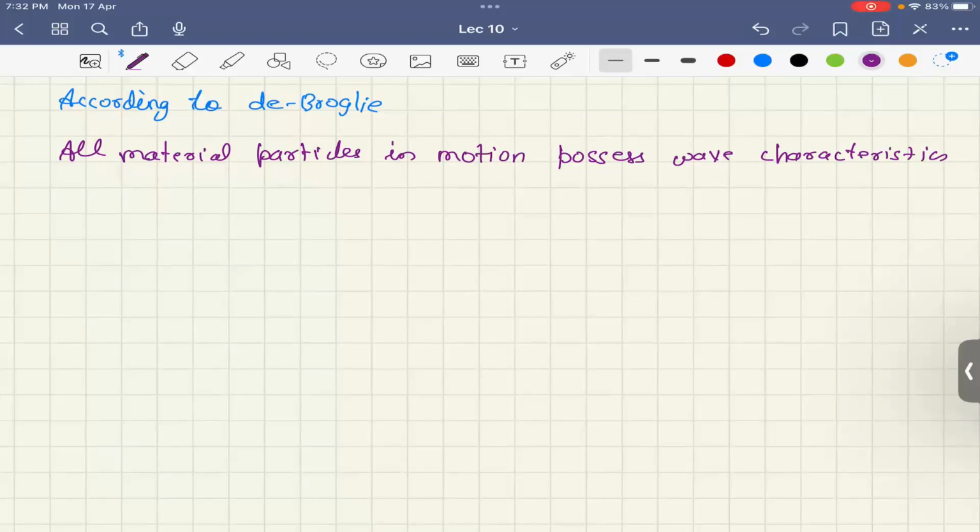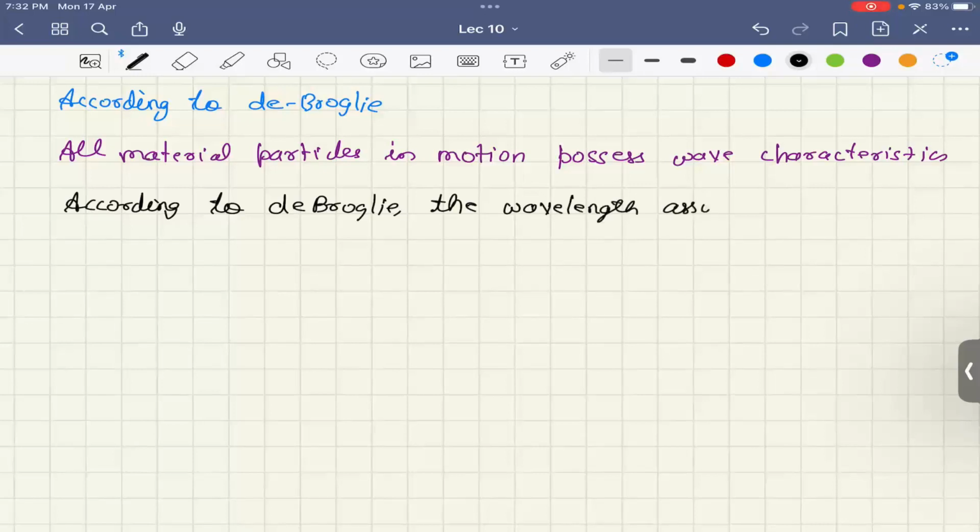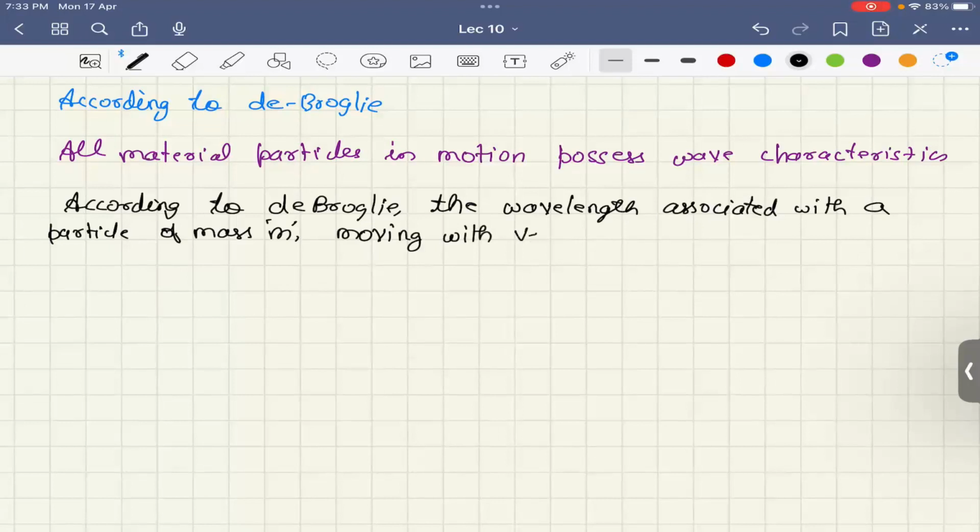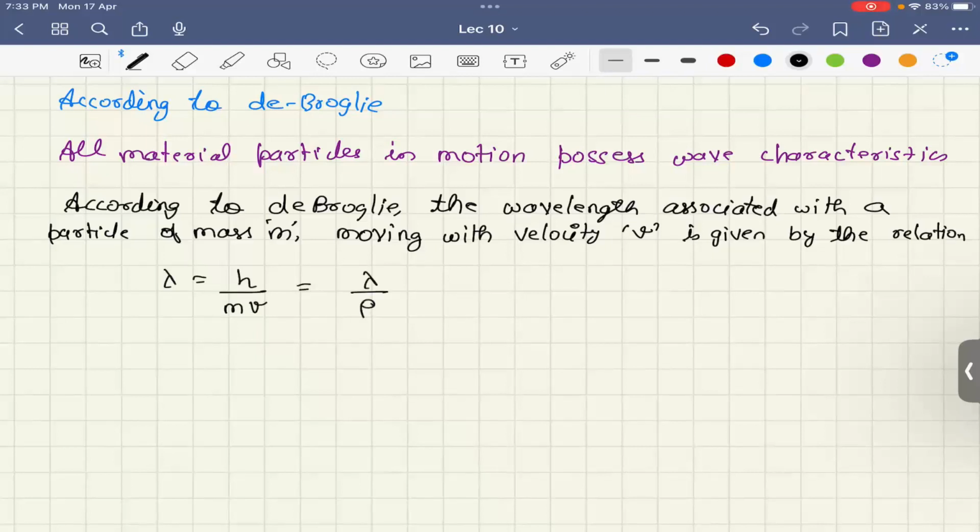So according to de Broglie, the wavelength associated with a particle of mass m moving with velocity v is given by the relation lambda equals h by mv, which is h by p, because mv is nothing but momentum.